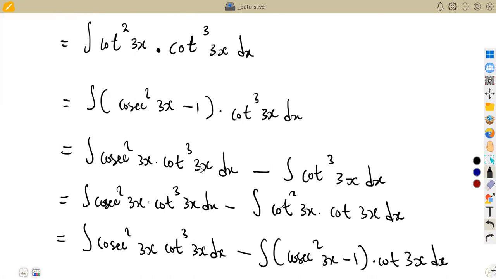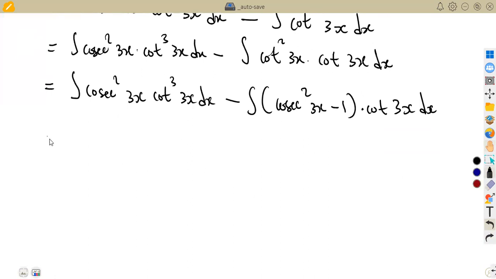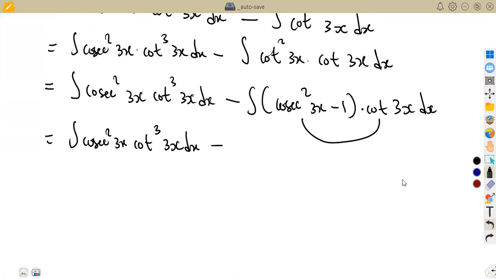Just like what we did on this part, when we introduced this we had to multiply by this dx, expanding the bracket so that we can integrate each separately. This is exactly the same thing that we are going to do. So the integral of cosec squared 3x cot cubed 3x with respect to x, minus, we multiply this and this together, so it's going to be minus the integral of cosec squared 3x cot 3x.